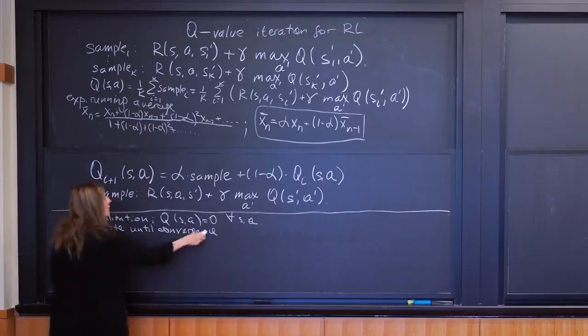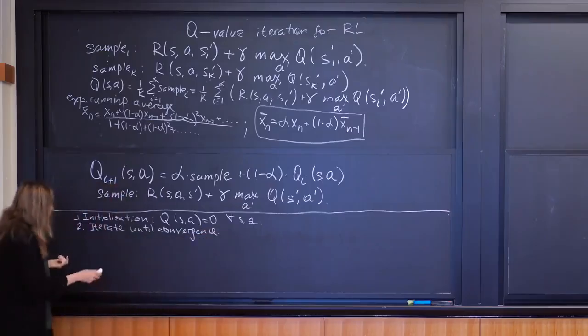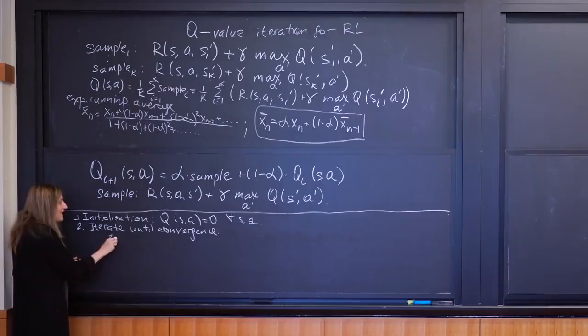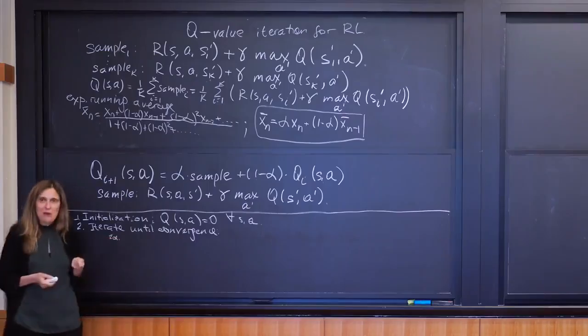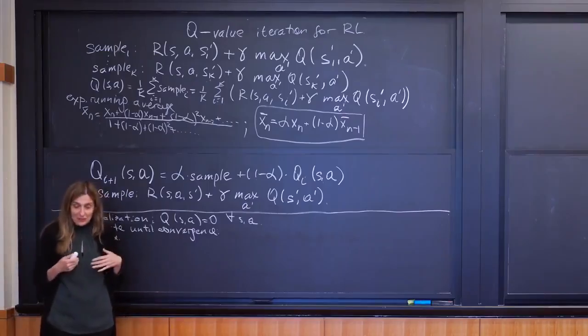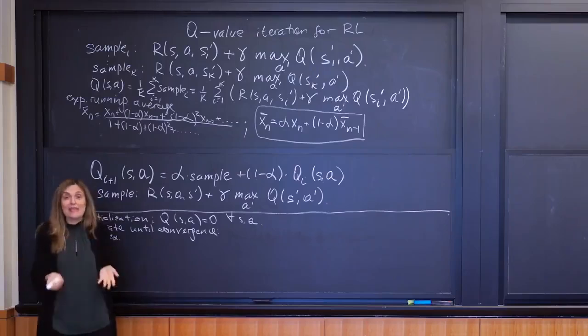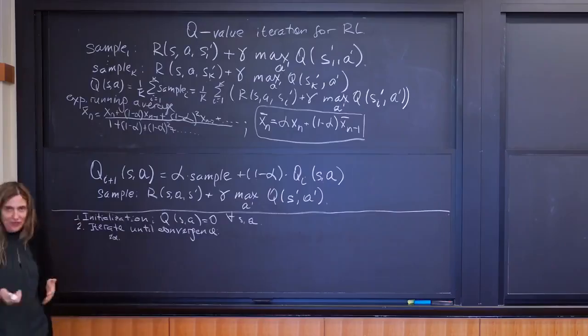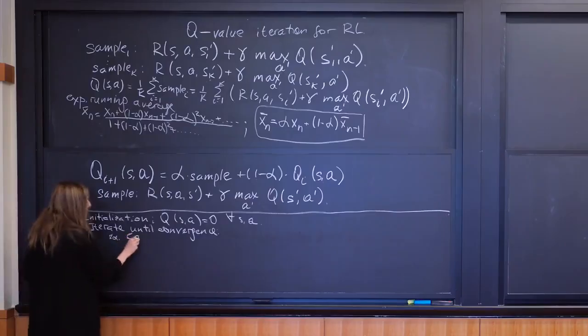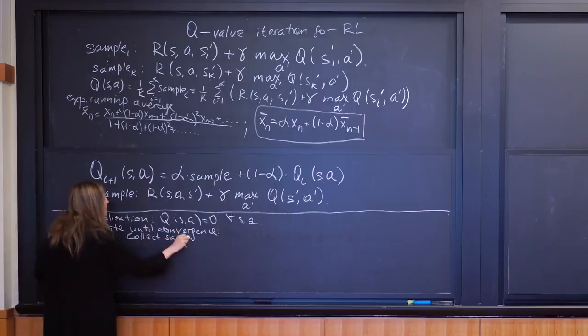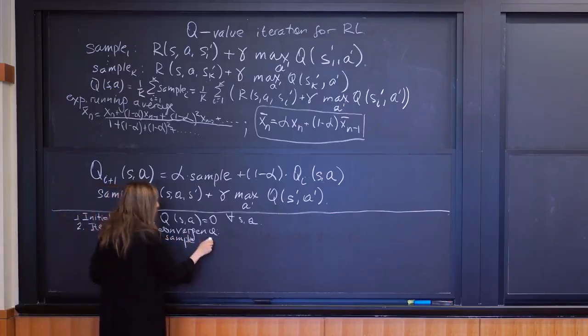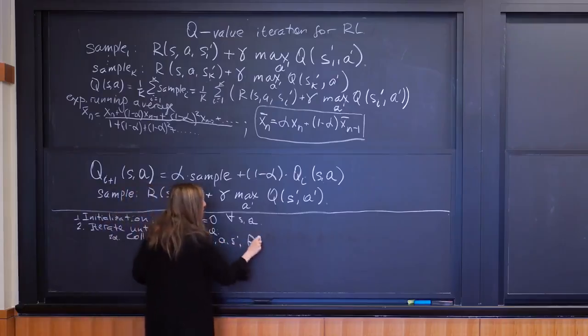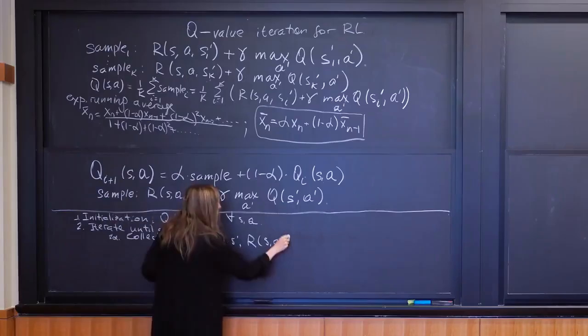And now let's look at what happens at every step. At every step, and this is a difference from our previous Q value iteration algorithm, you are actually going to collect a sample. You're going to act in the world, which would tell you s, a, s prime, R(s, a, s prime).